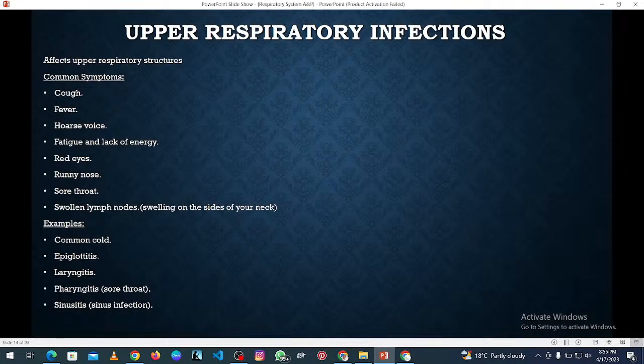We have the obstructive, from the word obstruct, and then we have the restrictive. We'll majorly dwell on the obstructives, those disorders that obstruct the passage of air.